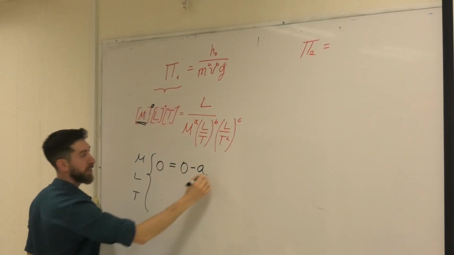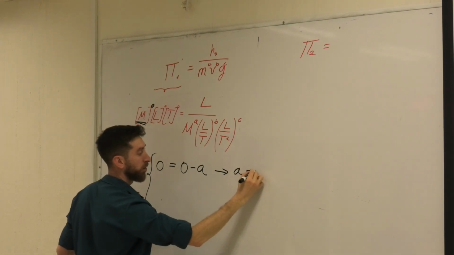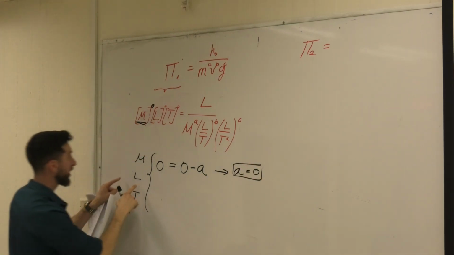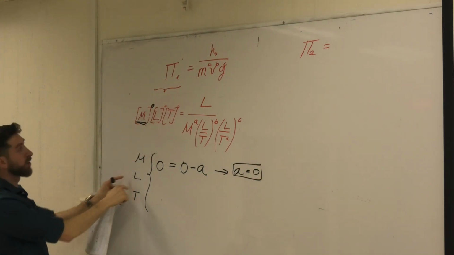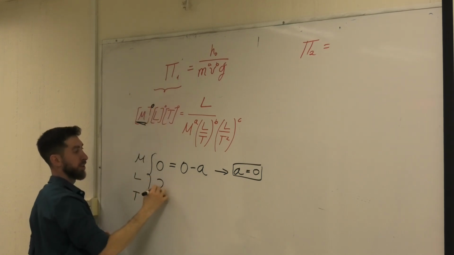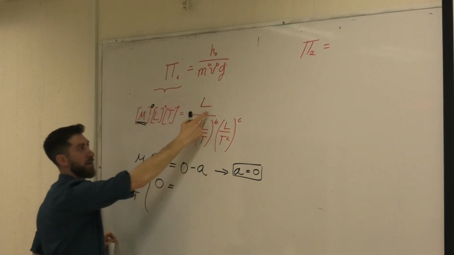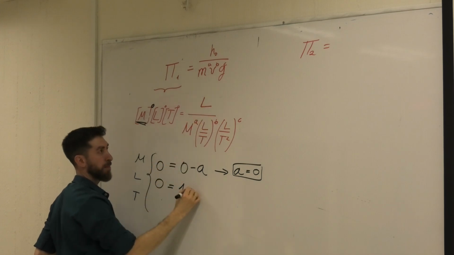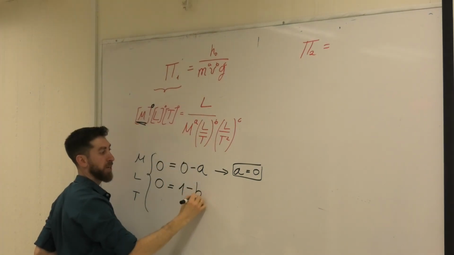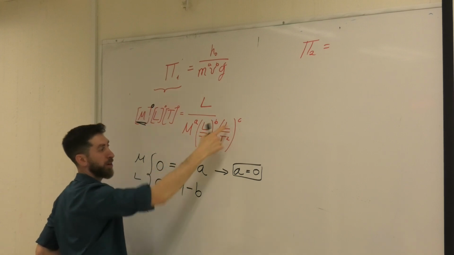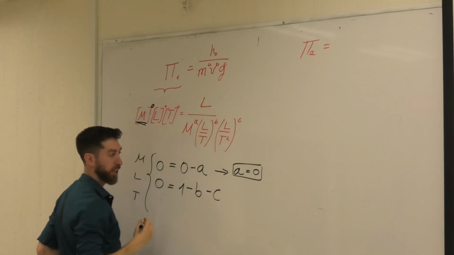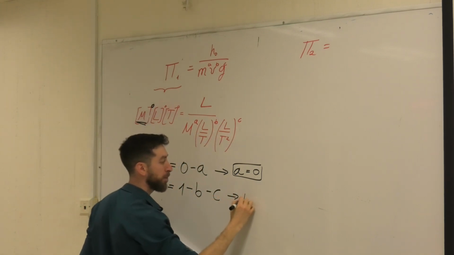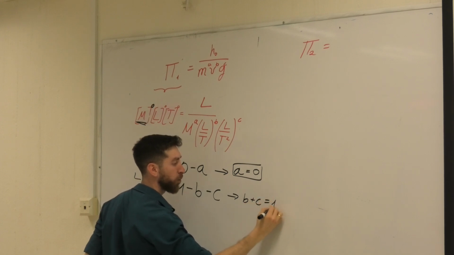So the powers tell me that A equals 0. Perfect. Let's do the length one. This is 0, right? Here I have 1 minus B, and minus C. So I see that B plus C equals 1.